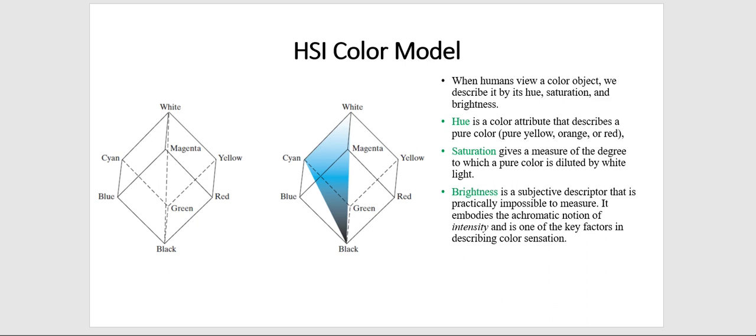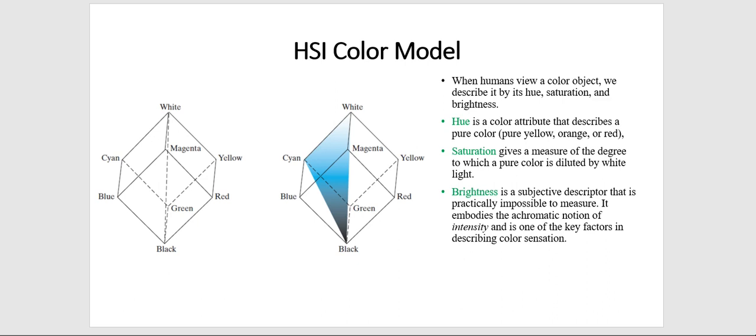Saturation gives a measure of the degree to which a pure color is diluted by white light. So when you say something is saturated, a very dark red would generally be described as something that has a very high saturation.